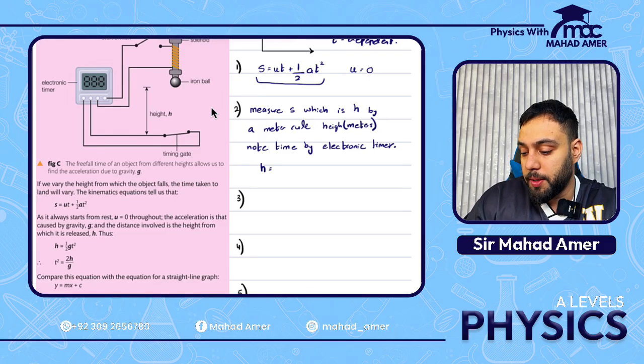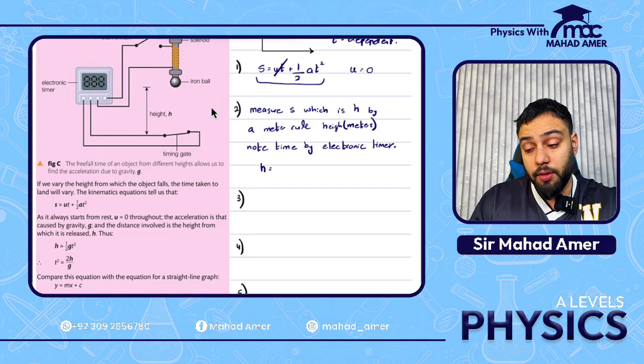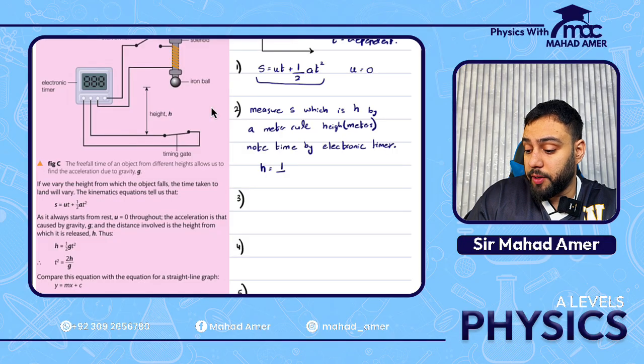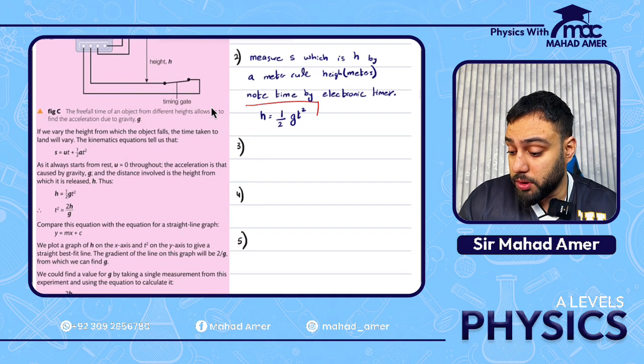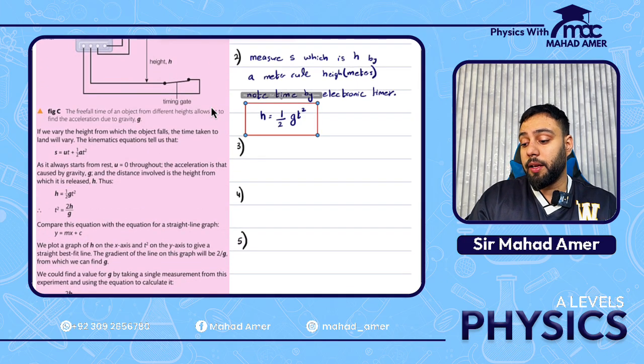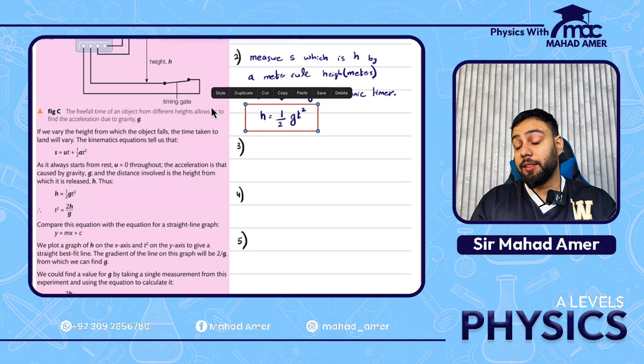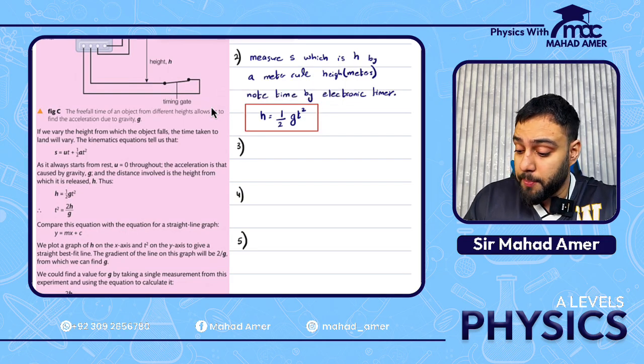So h equals ut, where ut becomes 0 because it starts from rest, plus half a t squared, where a becomes g. So h equals half g t squared. This is a very basic understanding of the equation, since you are done with unit 3 as well, or you'll be discussing unit 3, this comes up a lot.